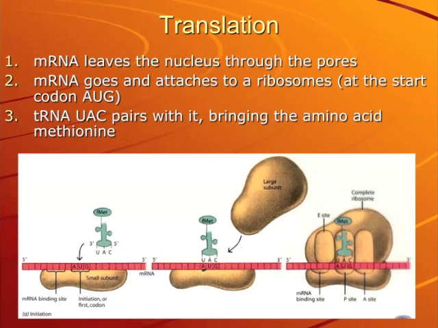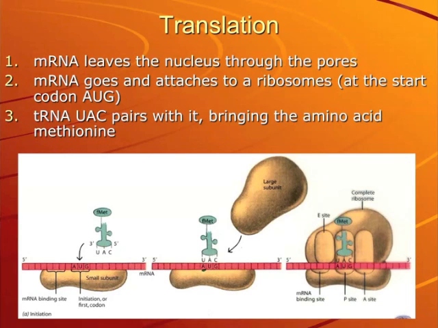Then tRNA, UAC, because those are complementary to AUG, pairs with it and brings the amino acid methionine. As you see in the picture, you have the first part of the ribosome attaching, and then the tRNA coming in and attaching. You'll see you have 3 different sites in your ribosome, and the P site is where your methionine tRNA is right now.